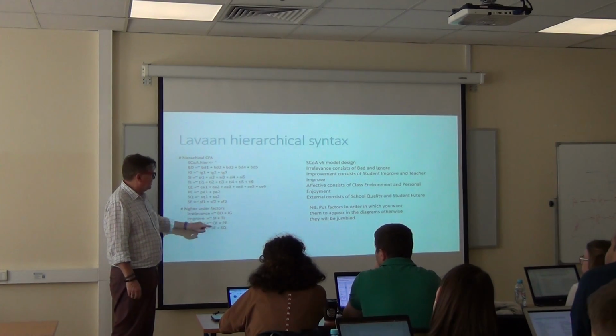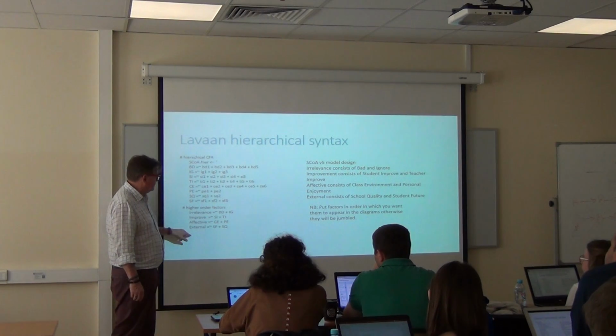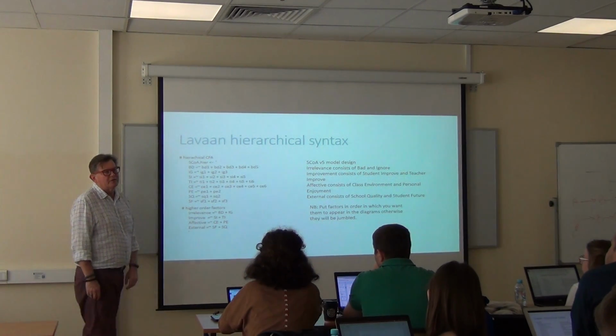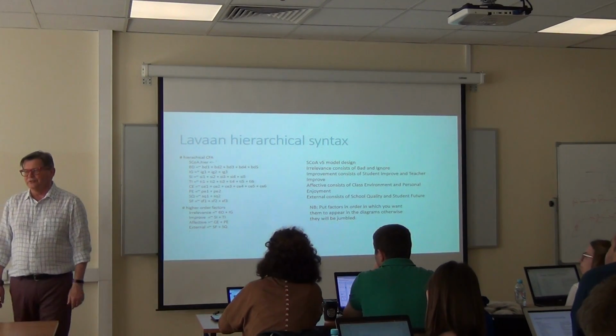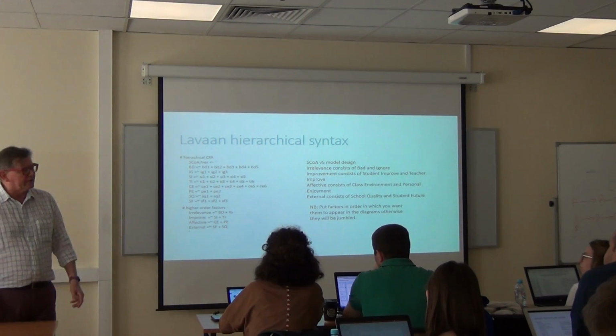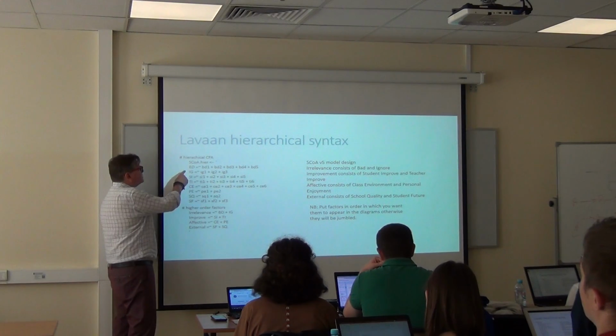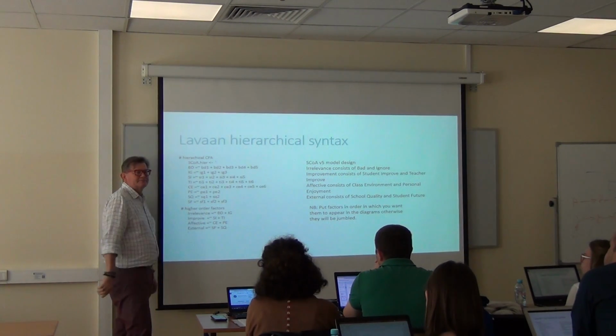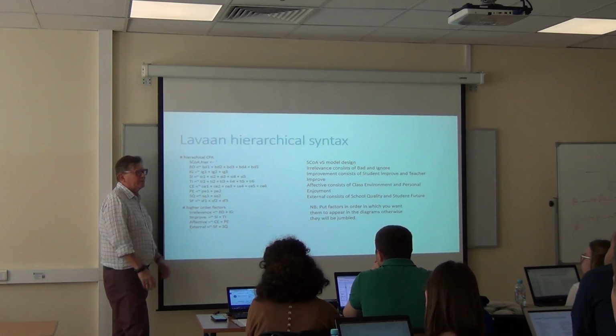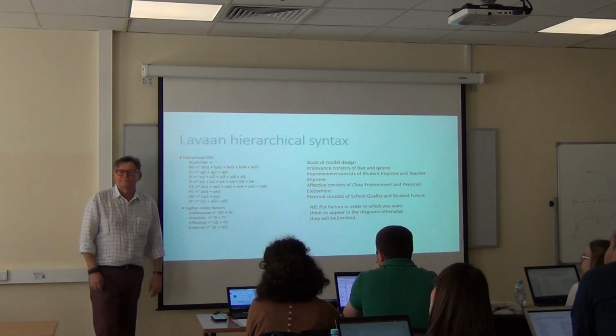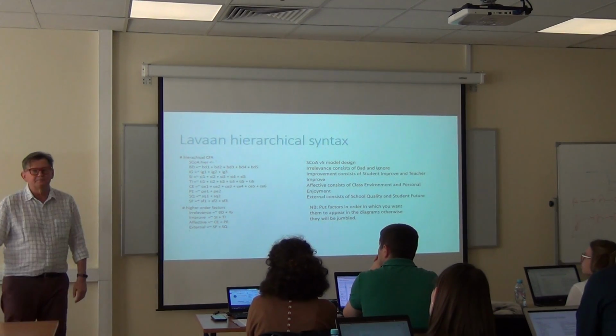Improve explains SI and TI. Effective is CE. External is SF and SQ. That's all you need to do to create a hierarchical model: create a factor that explains the factors. It's that simple. I was impressed that it was that easy to do.